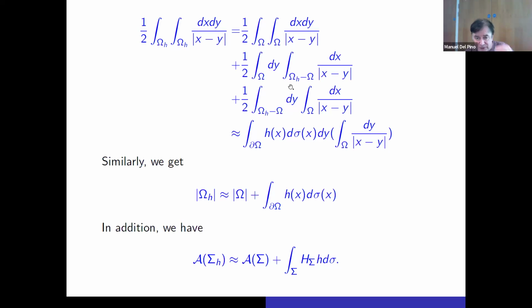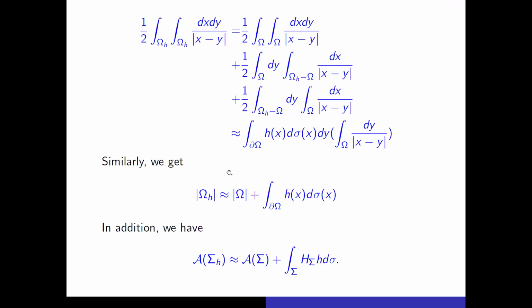But when you expand what these two quantities mean, you immediately see that what we have at main order is the mean value of h on the boundary, the integral of h over sigma, times the integral of 1 over |x minus y|. So this is simply expanding what these two integrals mean, nothing else.